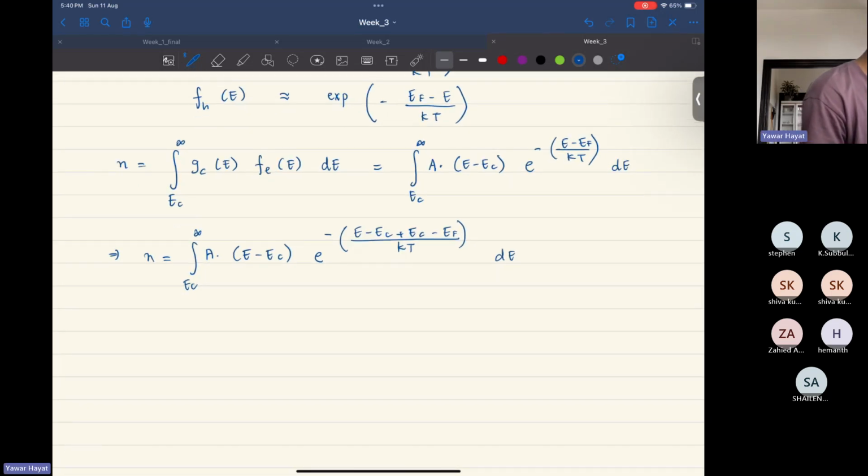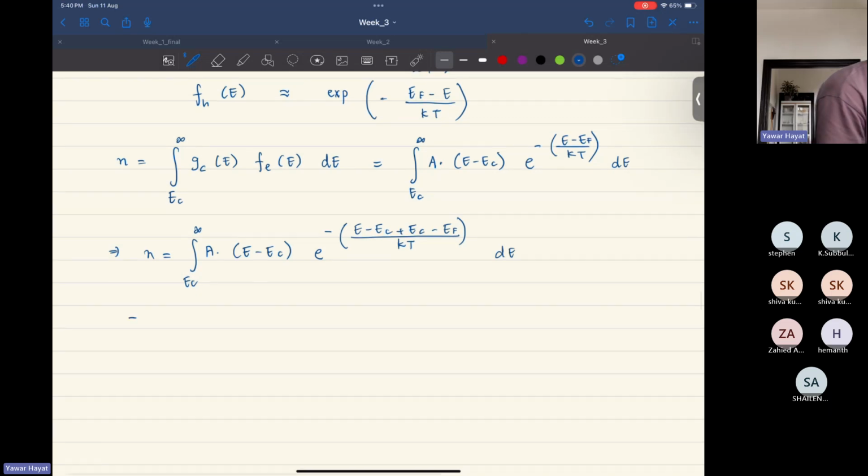Then if you separate the exponential factors, you will get the following. I'll be splitting this exponential factor into two.